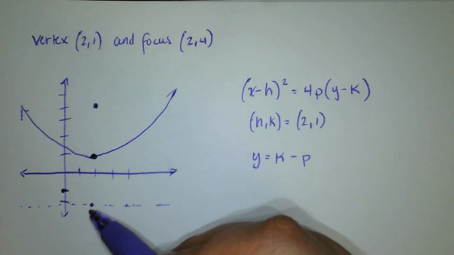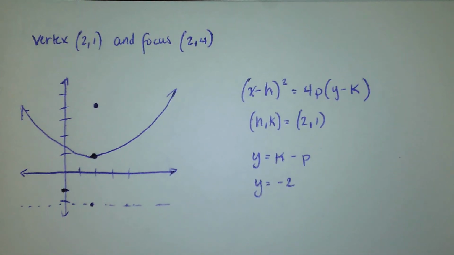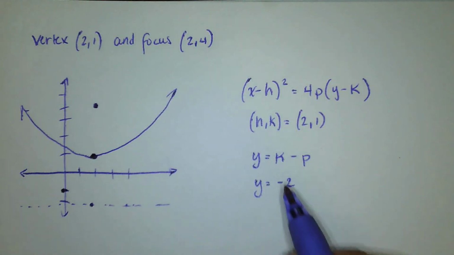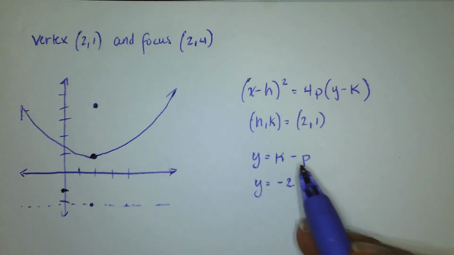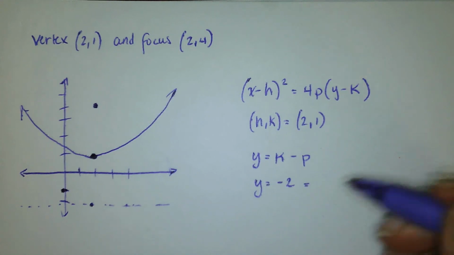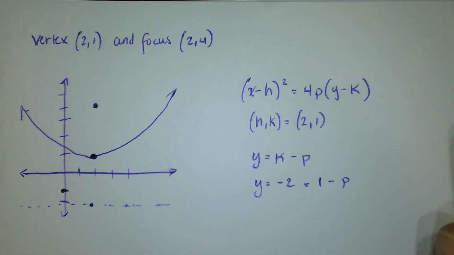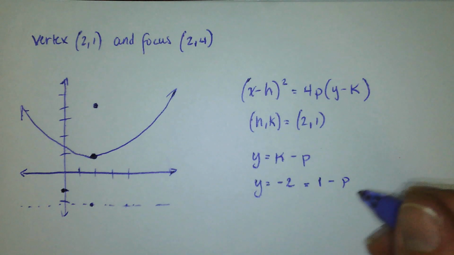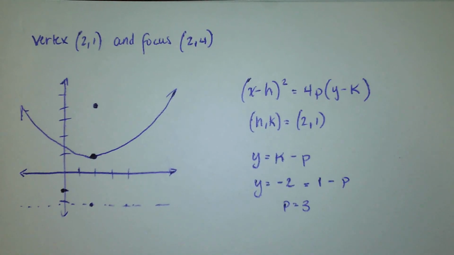The directrix is y equals -2, because it's a horizontal line at -2. We know the k value is 1, so -2 equals 1 minus p. 1 minus 3 would give us -2, so p equals 3. And there we have it.